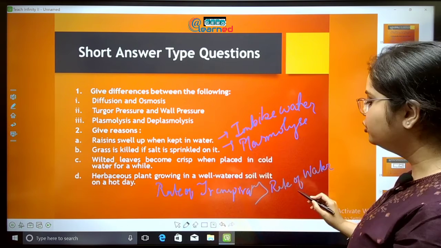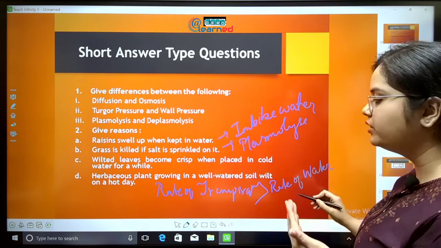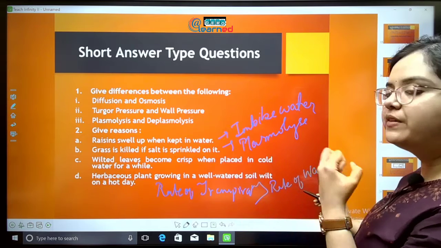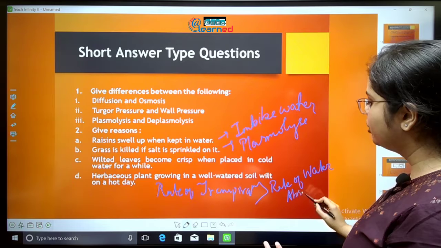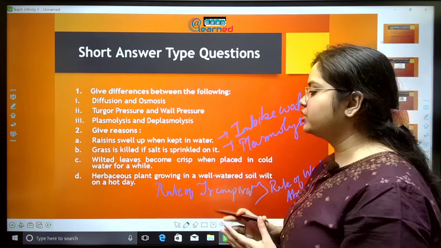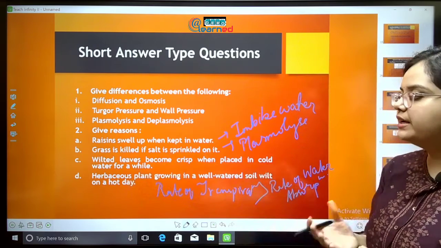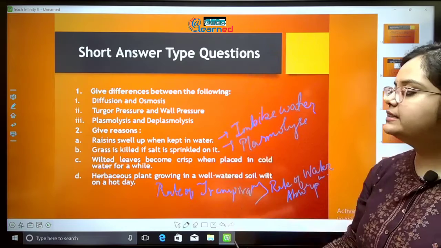Again, when you move into the evening where transpiration stops because the sun rays are not there, then the rate of absorption becomes more and the plants regain their original state, the leaves. So the rate of absorption is less than the rate of transpiration on a hot day. That's why well watered plants wilt. So these are basically the questions.